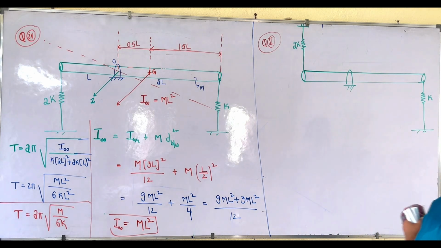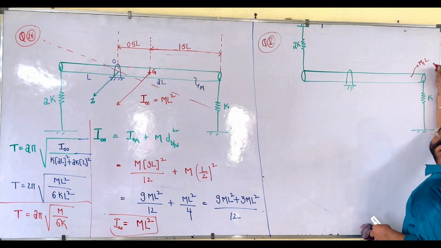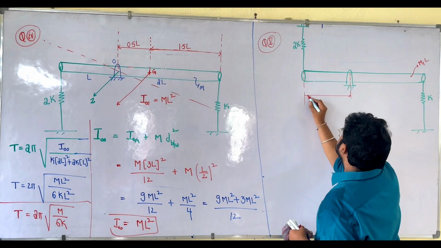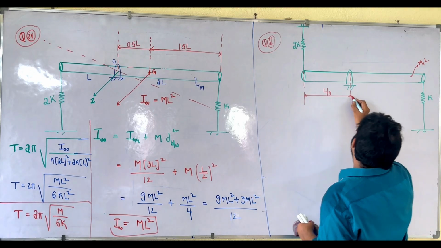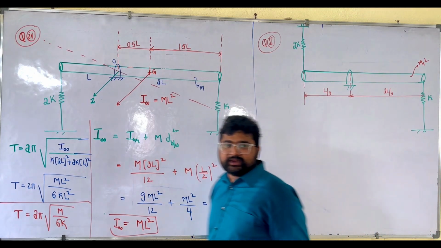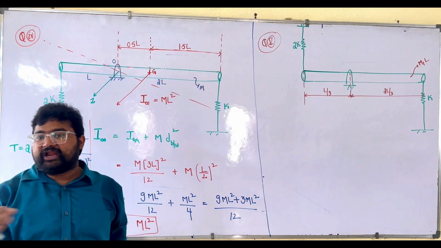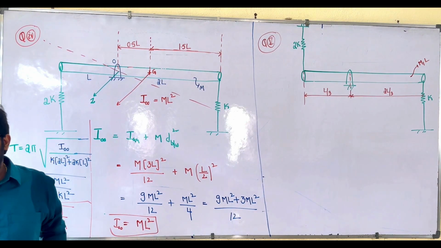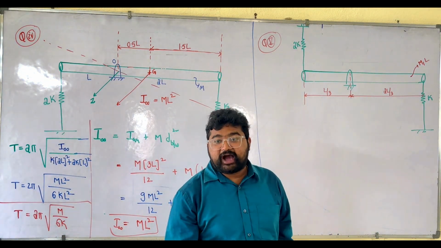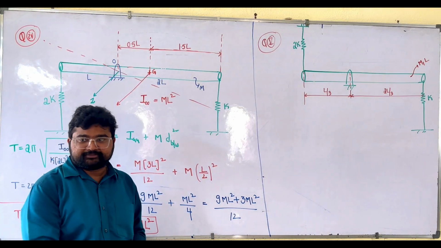Total length, mass is M. Length is L. From here to here is L by 3 given. From here to here, 2L by 3 mentioned. Now tell me mass moment of inertia. They may ask mass moment of inertia, and time period of oscillation. అర్థమవుతుందా?